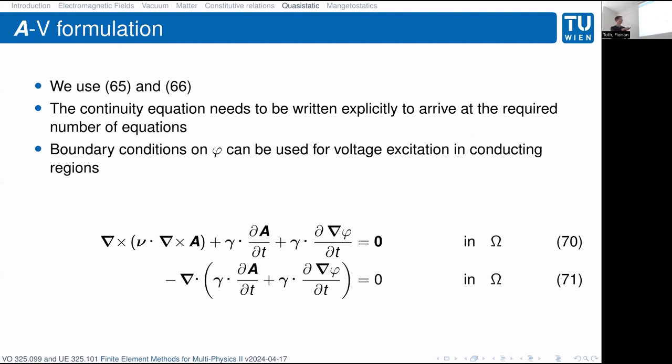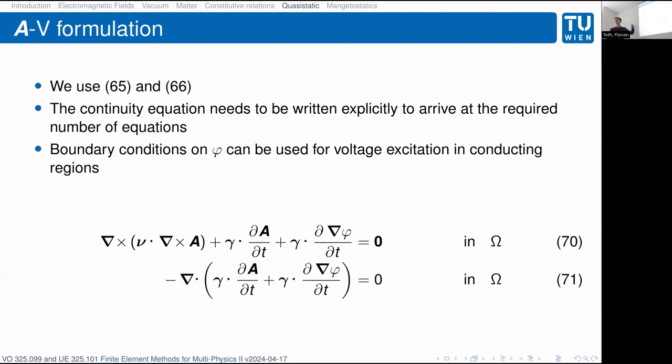So the first equation is similar in the sense that we have again the curl term for A, but you also have the electric scalar potential term here. We don't have any impressed current density here, because in this case you can actually do the excitation by so-called electric ports.